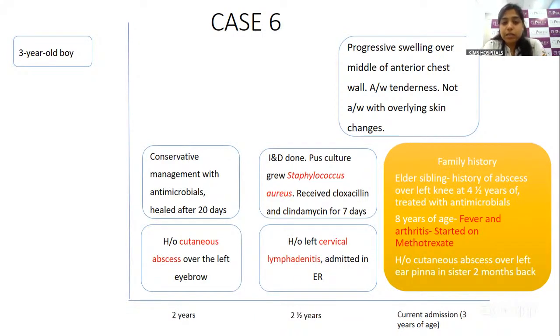So this case suggests a male and a female in the family were affected, and the most predominant manifestation is cutaneous abscesses, and one organism isolated being Staph aureus, and the female had autoimmune manifestations also.